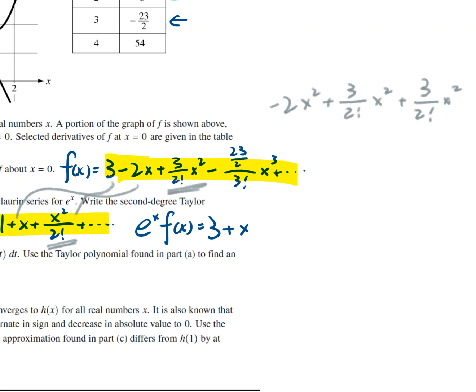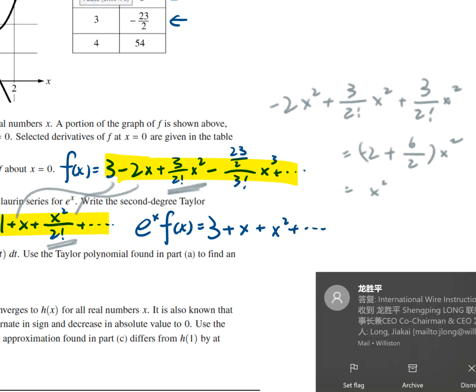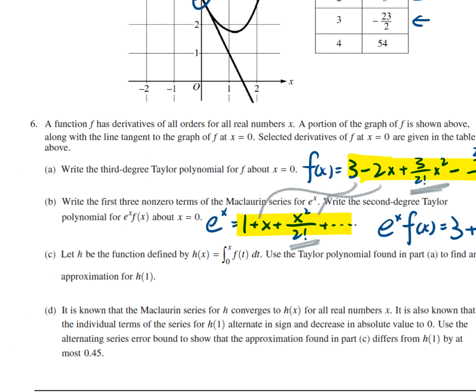So this entire thing becomes negative 2 plus 3 over 2 plus 3 over 2, which is 1, so it becomes x squared. And that will be our third term. This is a little bit tricky, but now we're done with this question. We're going to keep on going.